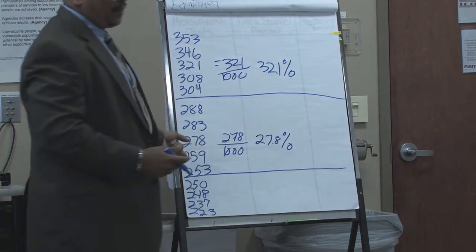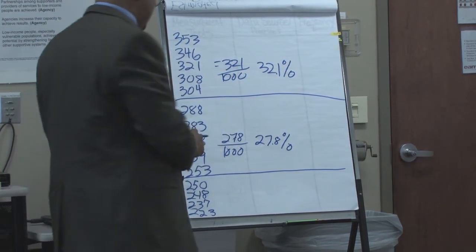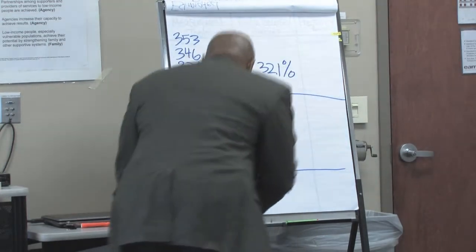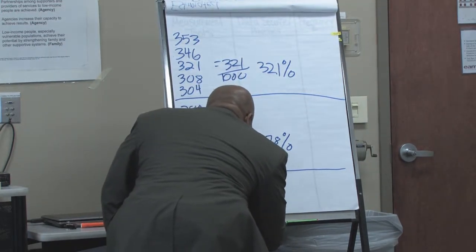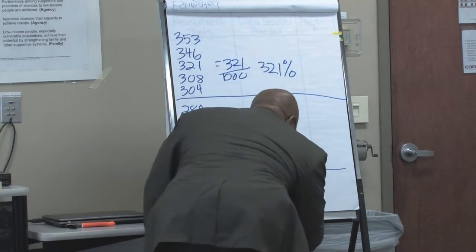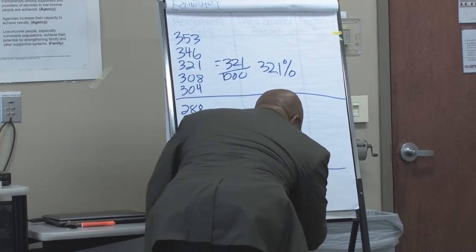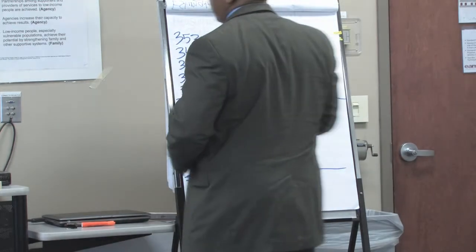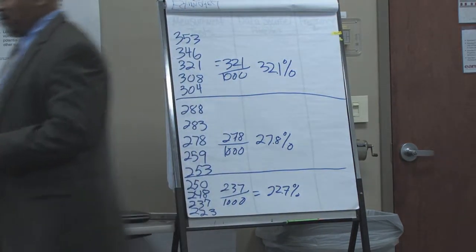Because you're averaging, you're still playing, you're in the league. But if you're batting, say for instance, 237 over 1,000, you're batting 23.7%, and probably won't be playing long in the big league.